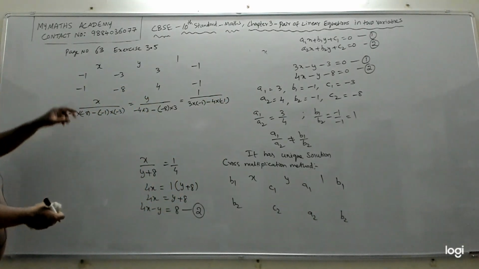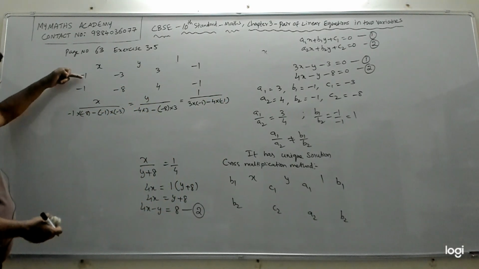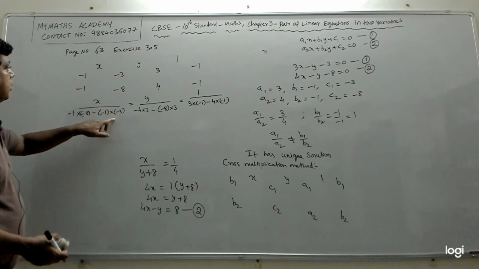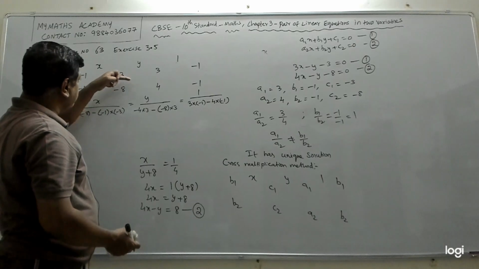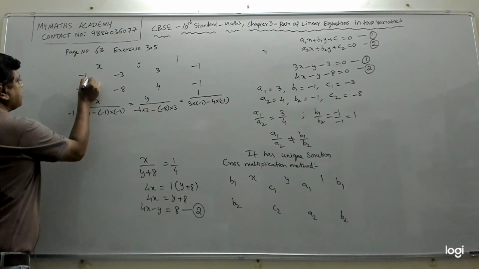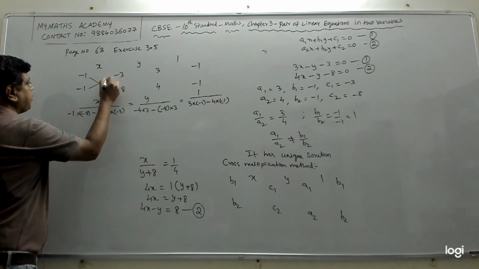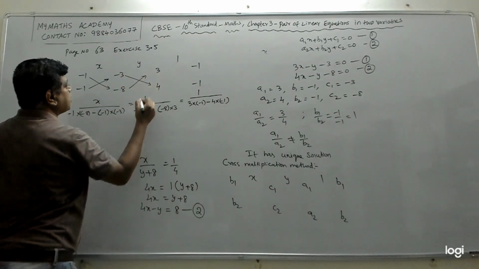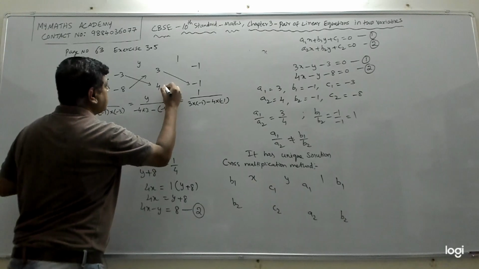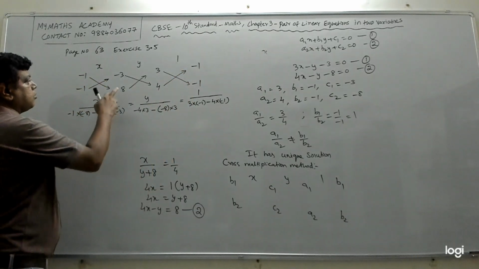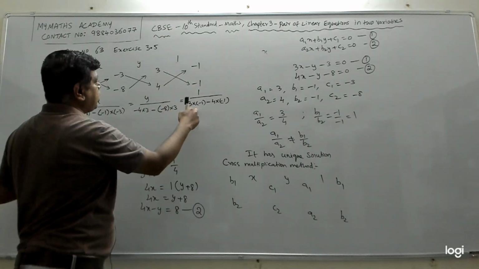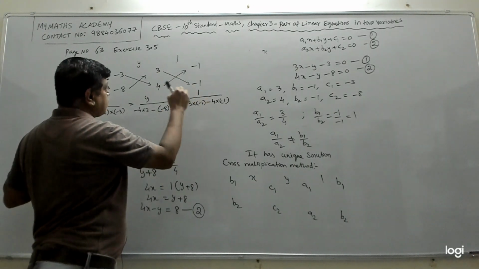Clear? So you have to write x here, then this into this, minus this into this, then y by this into this, minus this into this. So, this into this, minus 8 into 3, then 3 into minus 1, minus 4 into minus 1.